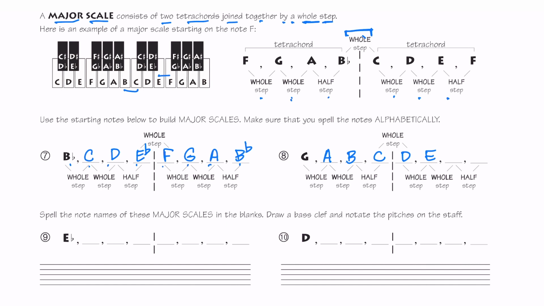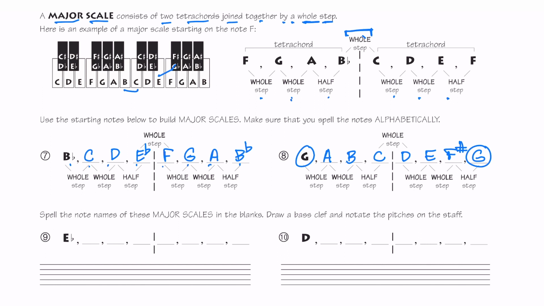E, up a half step is F, up another half step is F sharp, and then up a half step is G. So your first note and your last note should always be the same. Okay? If you got a different letter name on the last note, then you know there's a problem somewhere else.